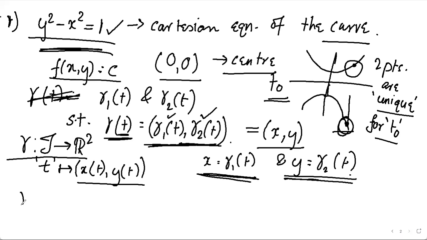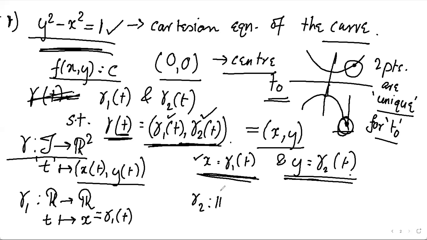More precisely, gamma 1 is a function from R to R where it takes t to x, which is basically gamma 1 of t, and gamma 2 is also a function in one variable which takes t in R to the y coordinate, which we define as gamma 2 of t.